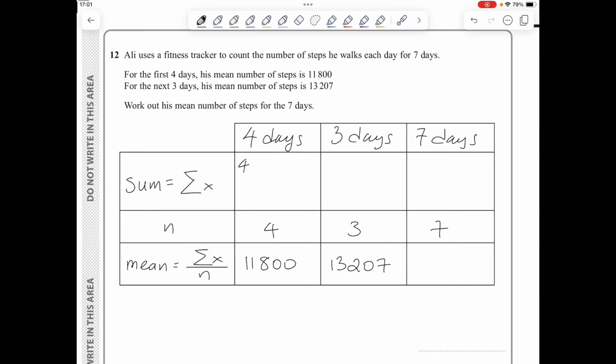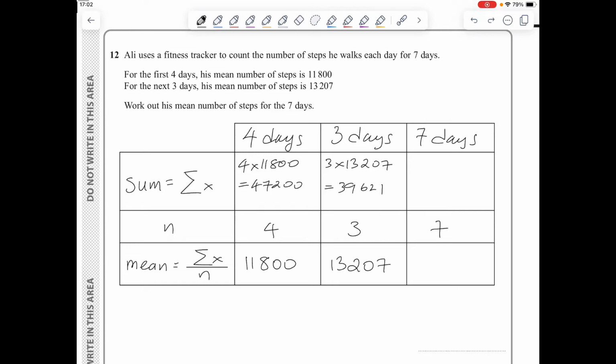So 4 times 11,800 comes out to be 47,200. For the 3 days, 3 times 13,207 is equal to 39,621.